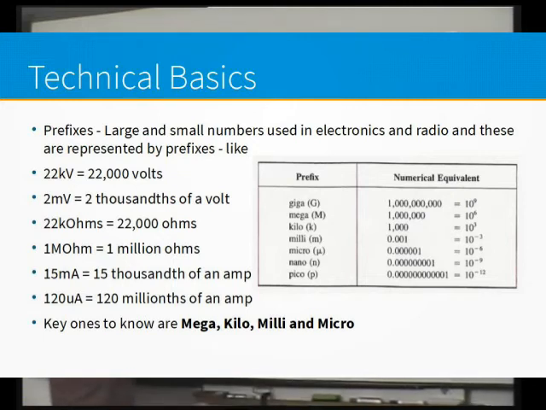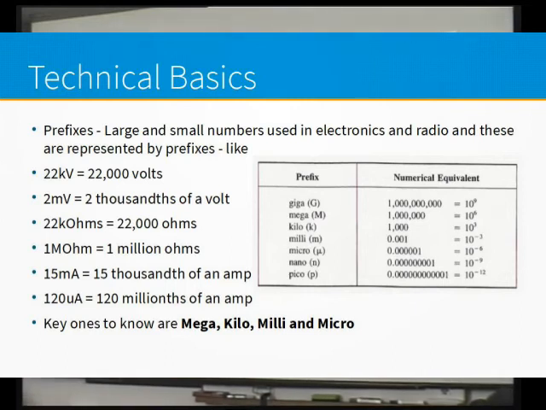Kilo is 1,000, and think about kilometres. Kilometres are 1,000 metres. So, okay, you can translate that, that's good. Milli is 1,000th, or 10 to the minus 3, and micro is 10 to the minus 6, so a millionth.